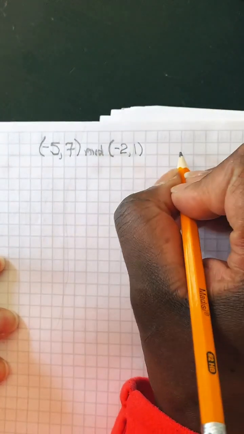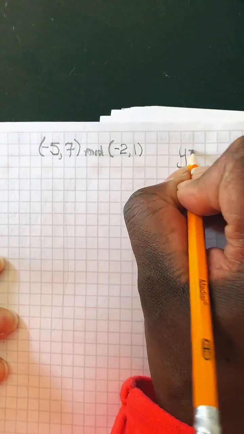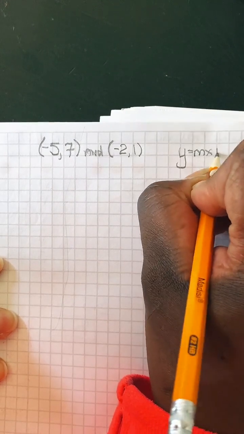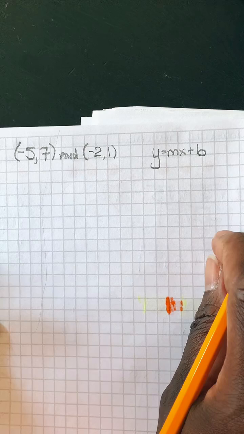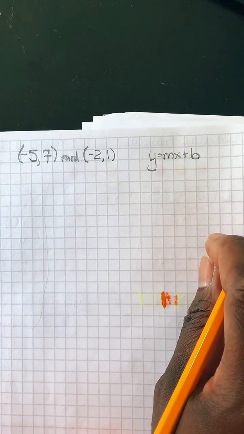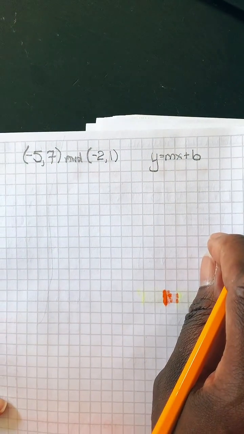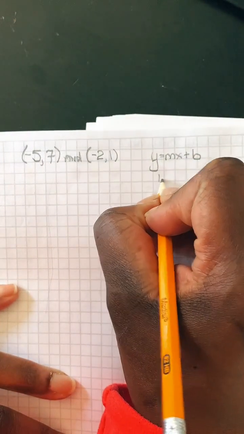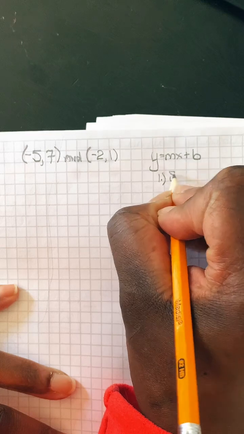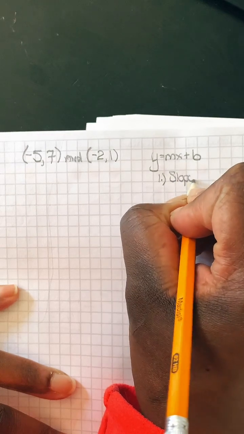So remember, the equation of the line is y equals mx plus b. So first thing we need is our slope.